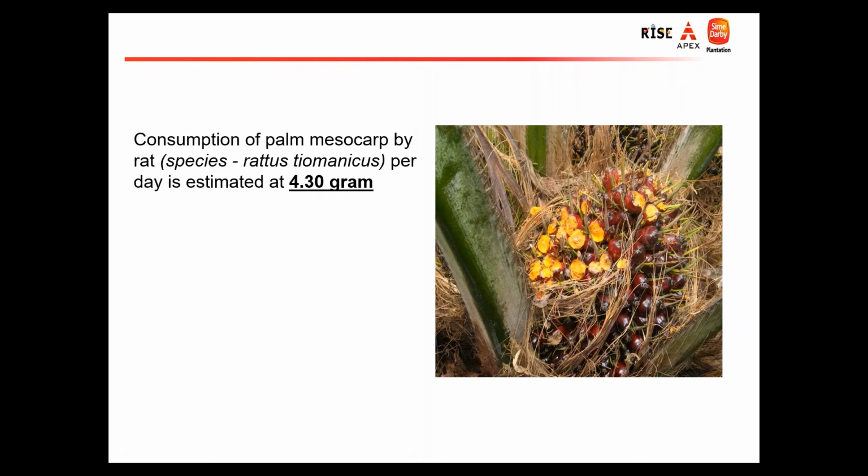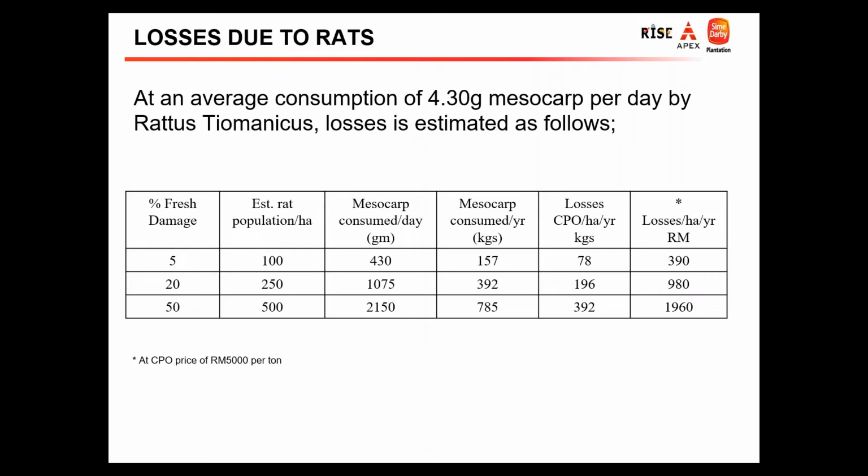These are the common species in the 70s. So from the consumption here we can estimate the losses that this rat has caused at a low incident damage of 5% to a high incident damage level of 50%. You can calculate the loss.